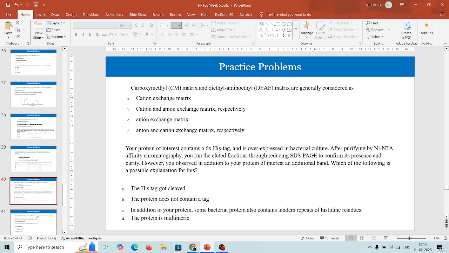So CM matrix is what? It's a cation exchanger, and DEAE is an anion exchanger. So B is the correct one.